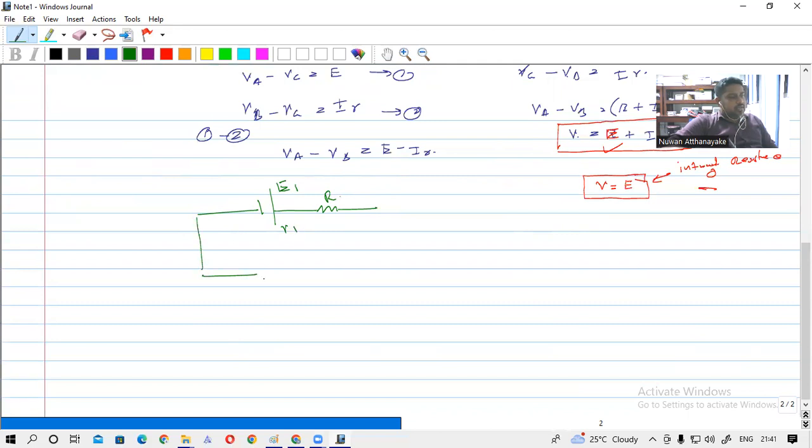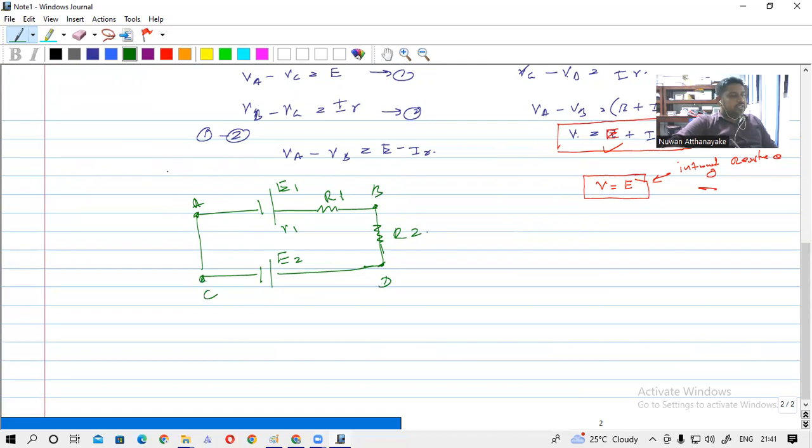In the same manner like this, this is E2. E2 internal resistance is 0. And here you have another resistor. Let's say that R1. This is R2. So find the voltage between A and B and C and D.